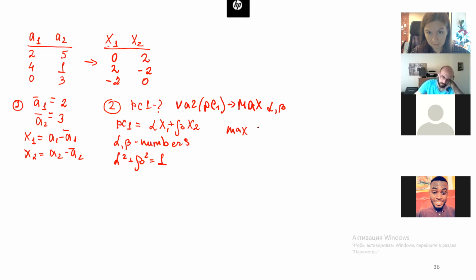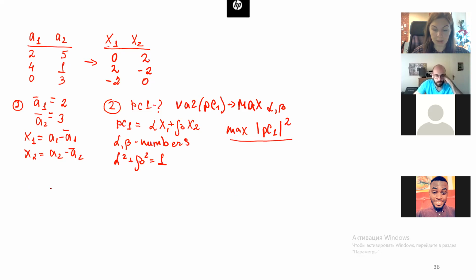And let's take it squared because it will be better. So we need to maximize the length of the vector PC1.